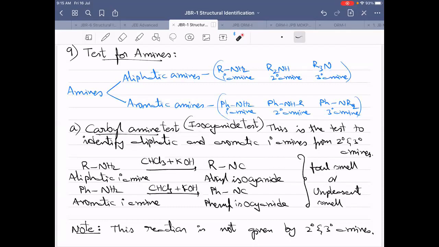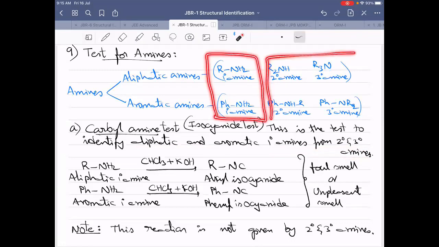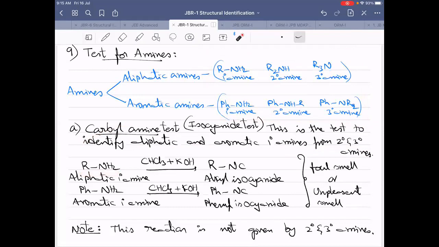So, also called the isocyanide test. This is a test to identify both aliphatic and aromatic primary amines from secondary and tertiary amines. That means these two are identified from the rest of the four compounds. Understanding? That is the carbylamine test. If I take an aliphatic primary amine with the reagent chloroform plus KOH, or NaOH also we can use, the amine will be converted into isocyanide.